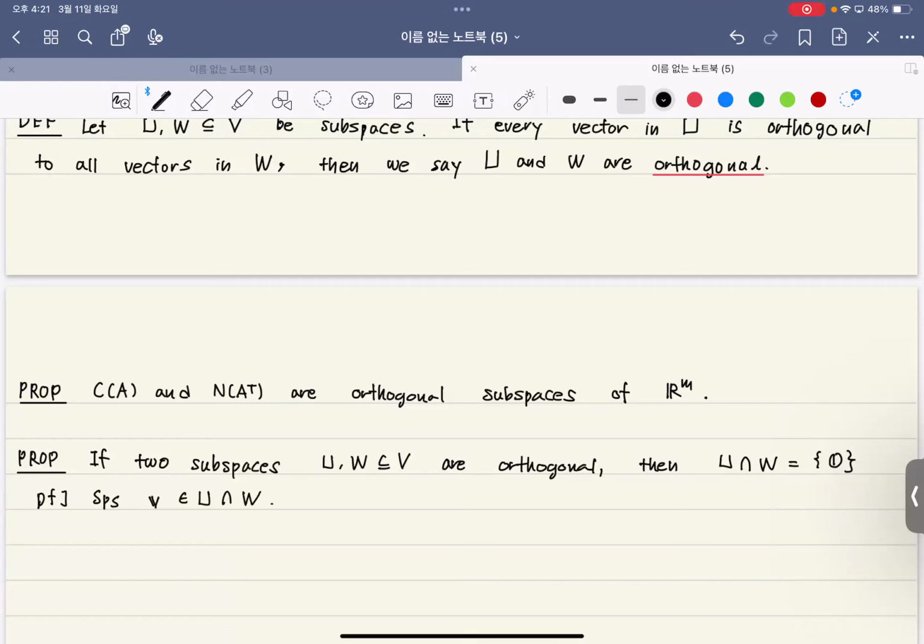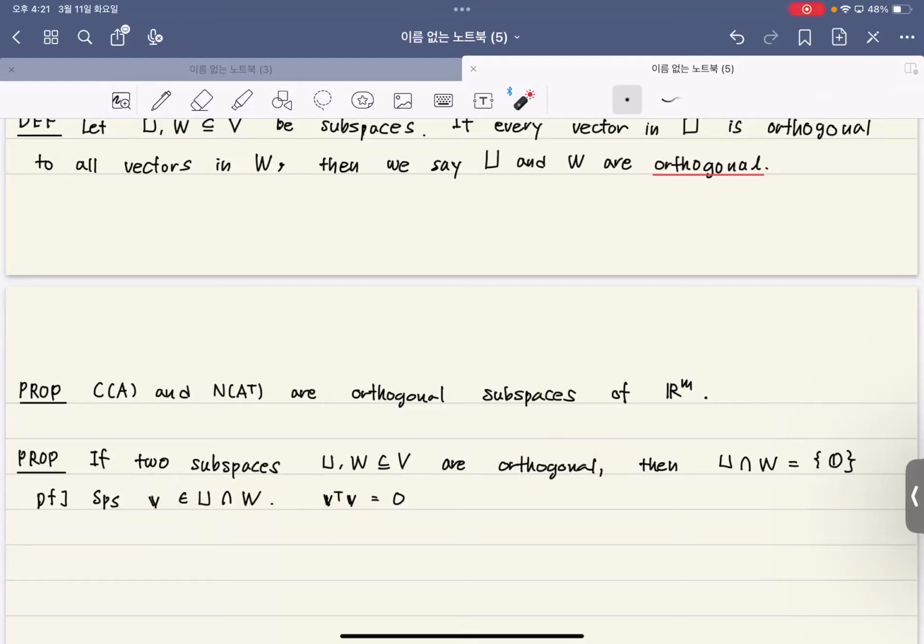Choose any random element v from the intersection of U and W. I claim that this vector's inner product with itself must be zero. Why? Because by the definition of orthogonality of two subspaces, every vector in U must be orthogonal to every vector in W. But v can be considered a member of U and a member of W at the same time. Therefore, v's inner product with itself has to be zero.